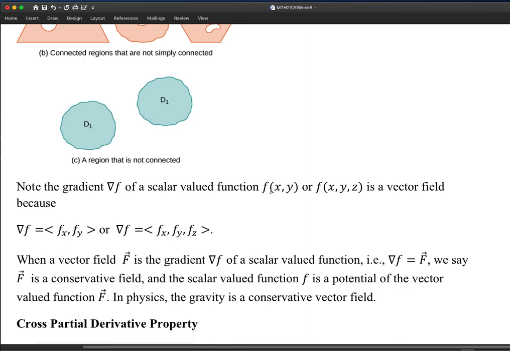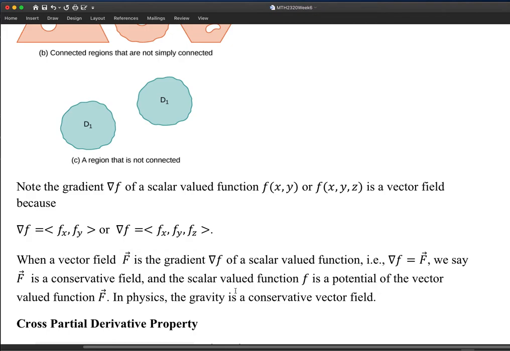It could be two-dimensional or three-dimensional functions. The gradient in the two-dimensional case, the gradient in the three-dimensional case. And if that is the case, the vector valued function turns out to be the gradient of a scalar valued function. Then we say the vector valued function is conservative. It is a conservative vector field.